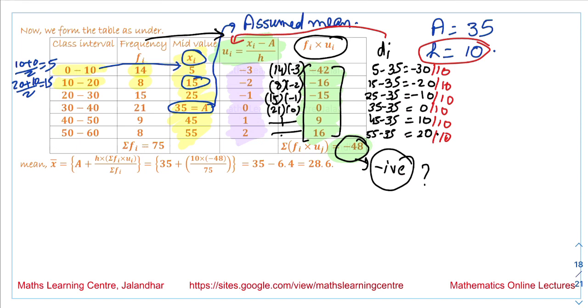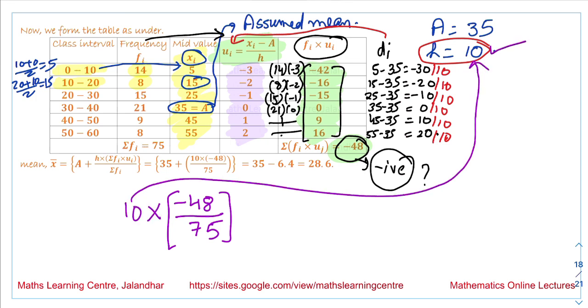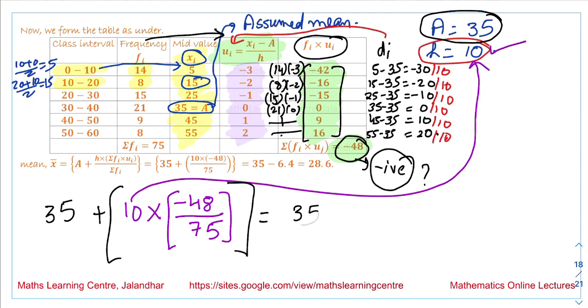So the value of the mean is -48 over the sum of fi, which is 75. By how much value are we dividing here? By 10, so we have to multiply it with 10. How much value did we subtract from each term? It is 35, so we add 35 here.